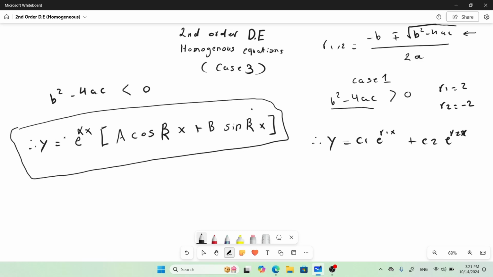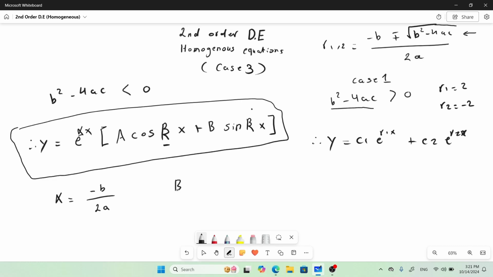As you can see, we have two new terms. We have alpha and beta. Alpha stands for the real part of the quadratic formula, so we have negative b divided by 2a.